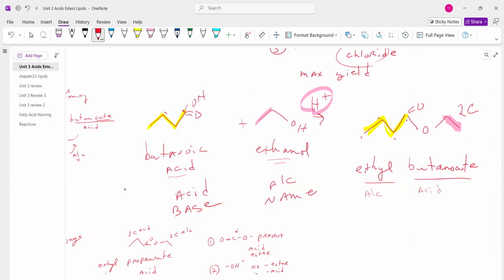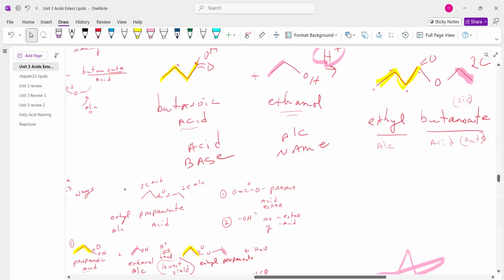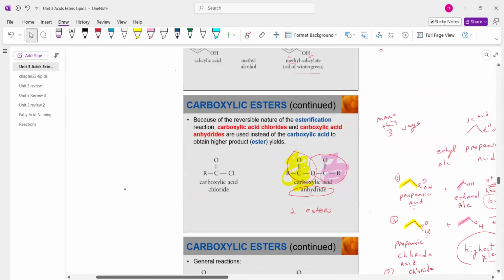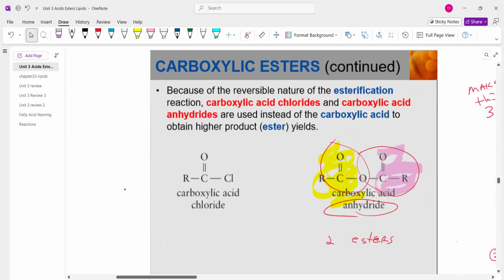The alcohol part is named first, and it's named as a branch, ethyl. And on the acid part, we're going to substitute -oate for -oic on the acid.